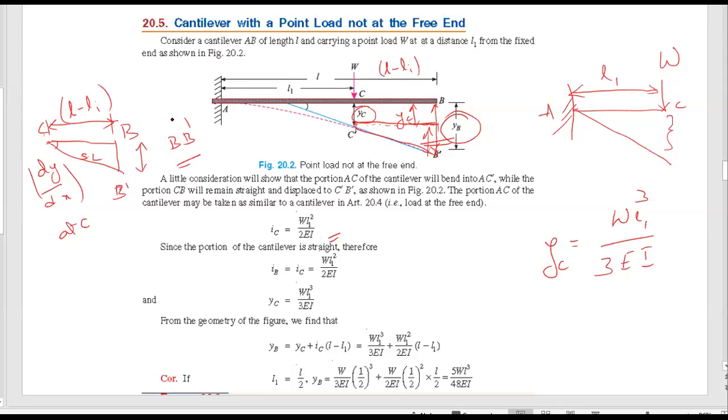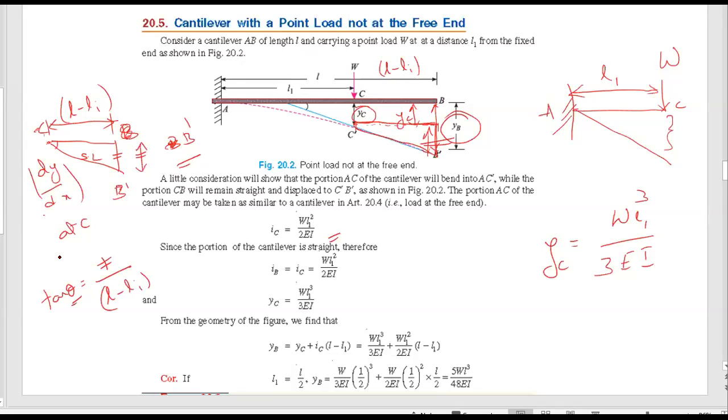To find this height, I am using tan theta is equal to the opposite side by the adjacent side, which is L minus L1, where theta is the angle.